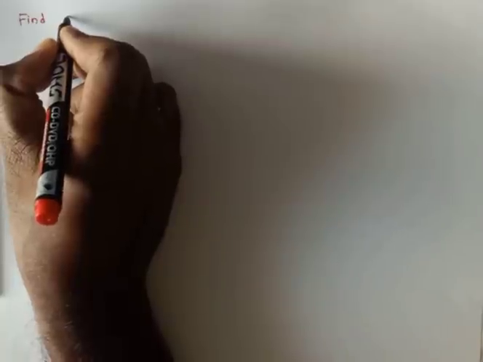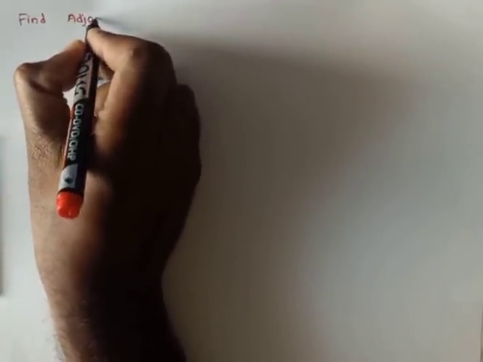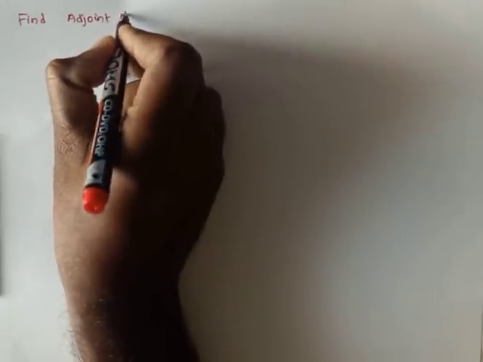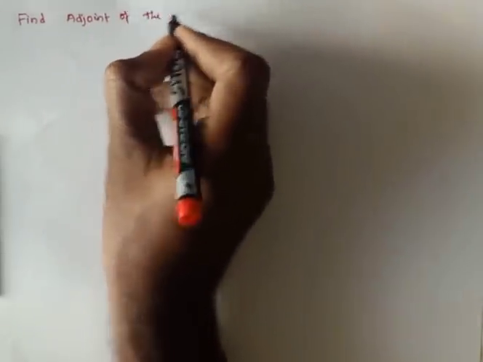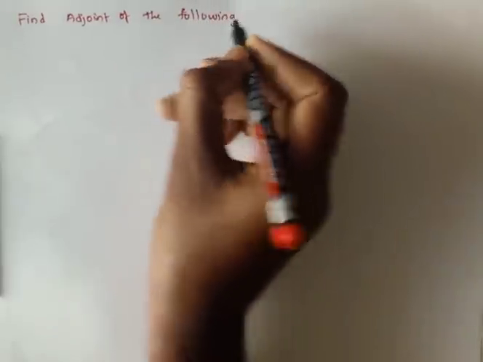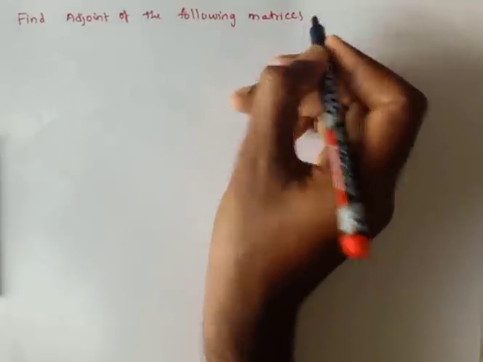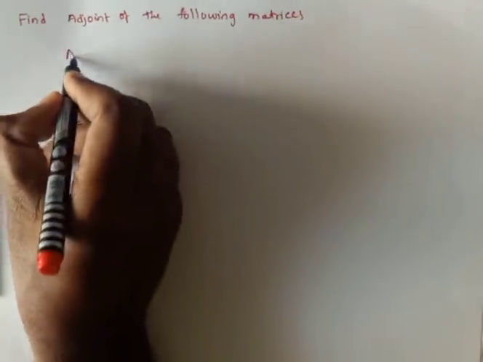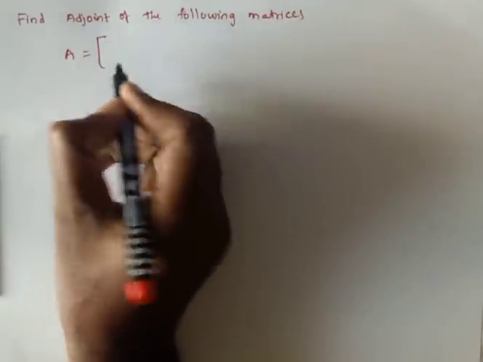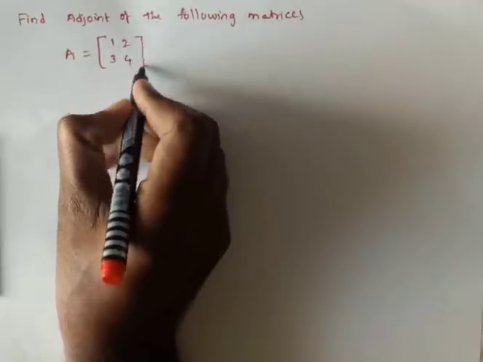Next, try to find the adjoint of the following matrices. The first one is a 2 by 2 matrix, A equals 1, 2, 3, 4.